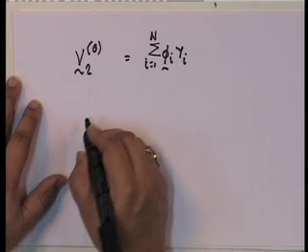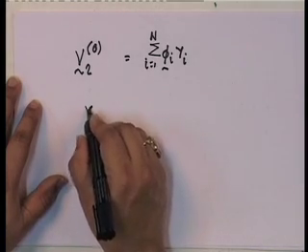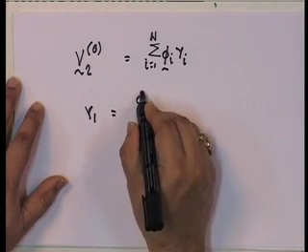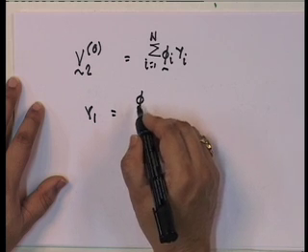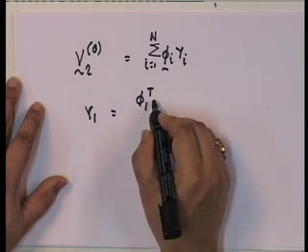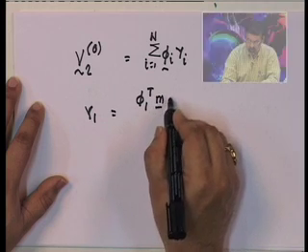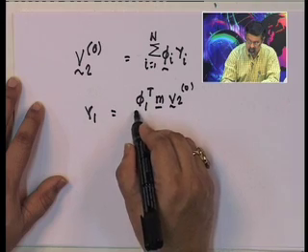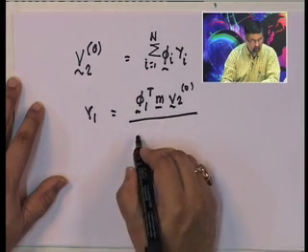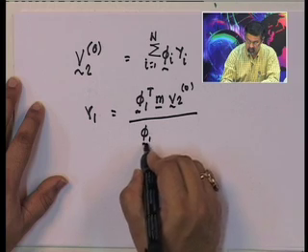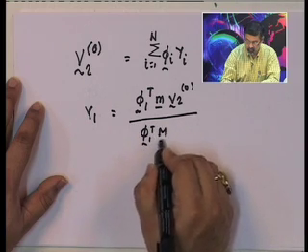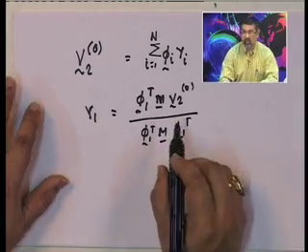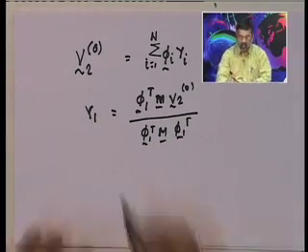So, therefore, I can always find out y 1. How can I find out y 1? By just doing phi 1 transpose m v 2 0 and dividing it by phi 1 transpose m into phi 1. Okay, so I can find it out.